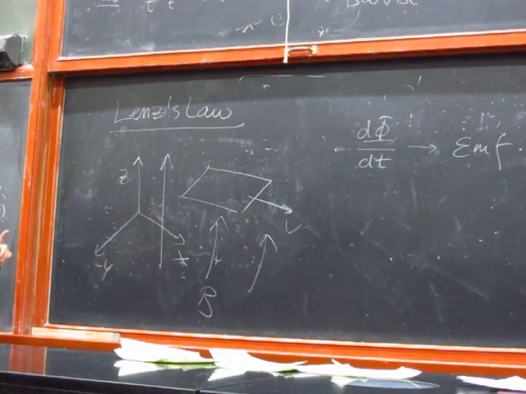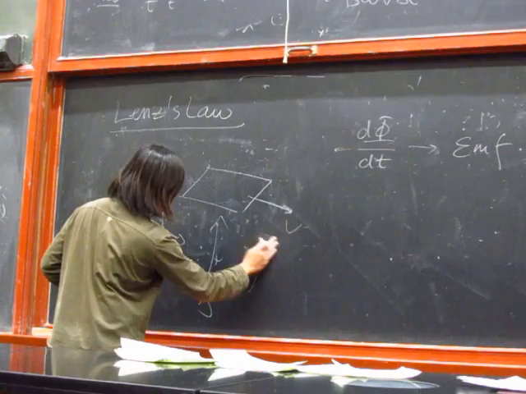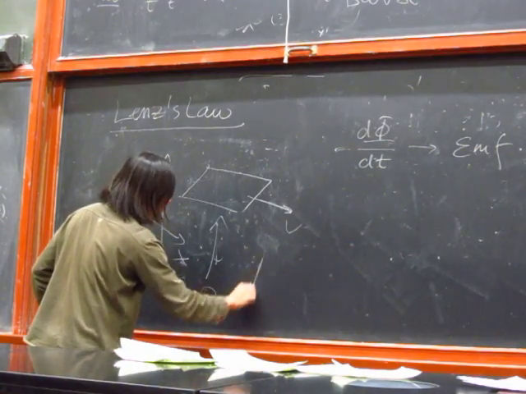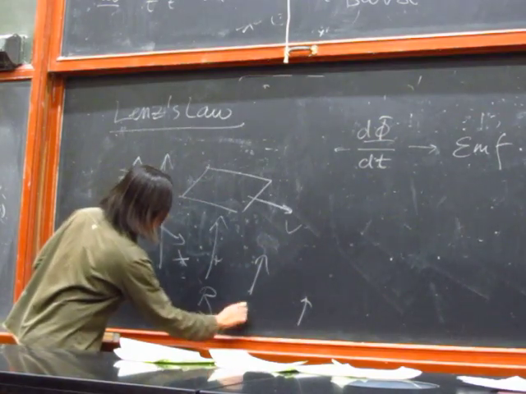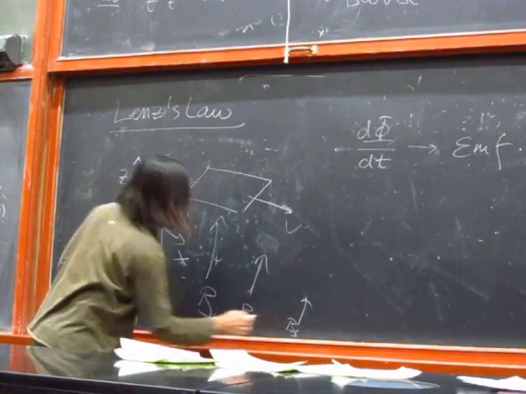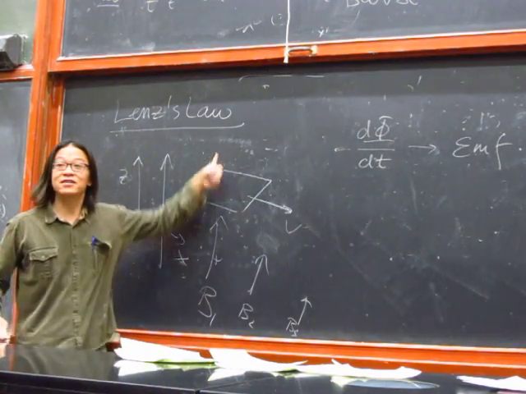The direction is always such that... so let's talk about an example. Suppose the B field is decreasing, so 1 and 2. As I move in that direction, the flux goes down.